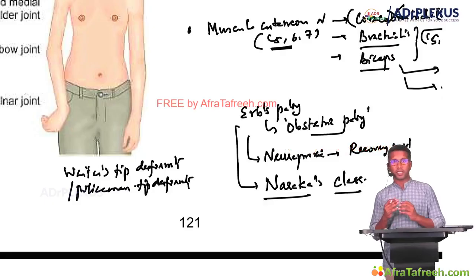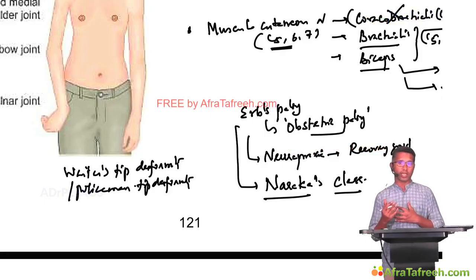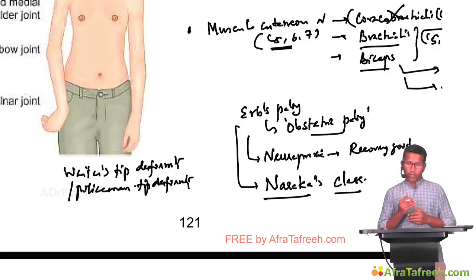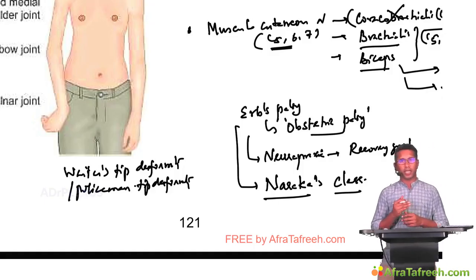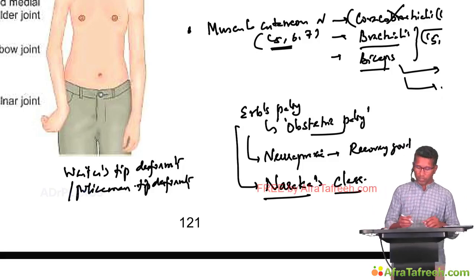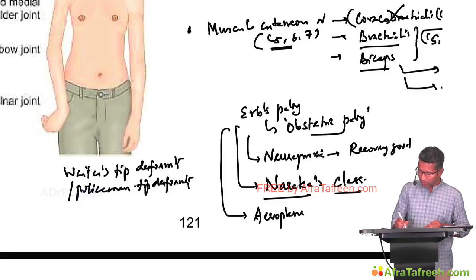But sometimes if the Erb's palsy is so severe, when it is associated with an accident, like a road traffic accident, when there is a complete tear, like a neurotmesis kind of injury, then you need to repair the brachial plexus. When you repair the brachial plexus, you give a splint called aeroplane splint for the patient.